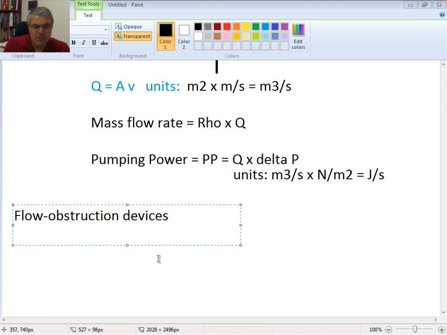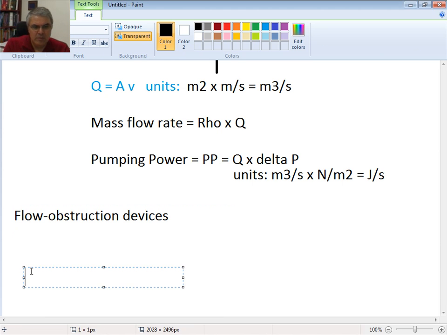I'm going to show you their shape shortly. An example of this kind of device is shown here.